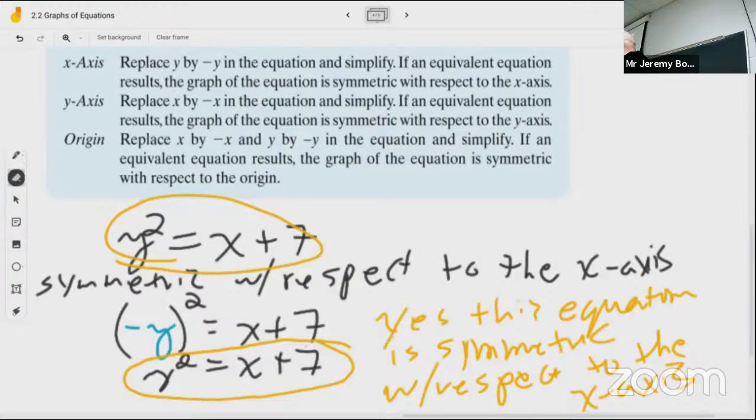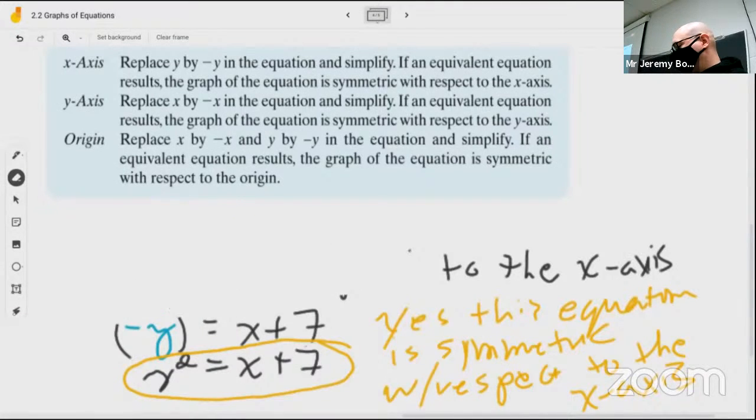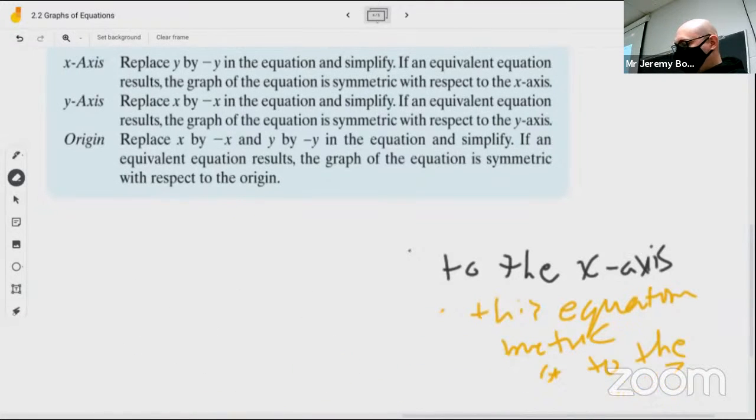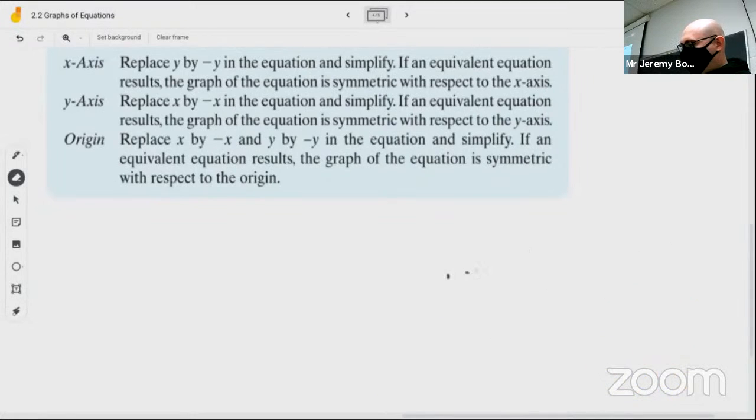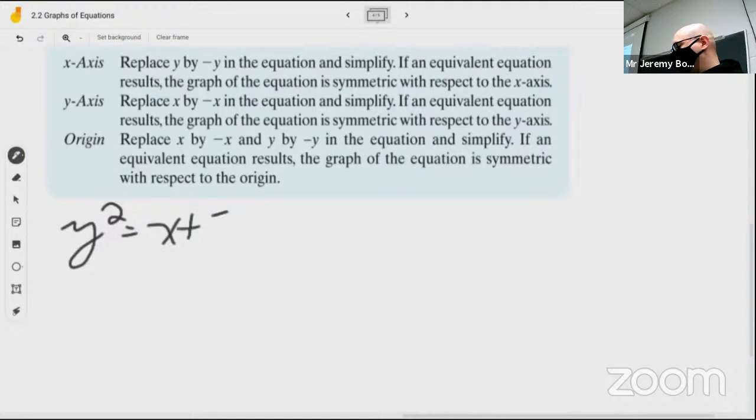So, as you might gather, to test for the y-axis, we're going to replace x with negative x. And we're going to do the same thing. We're going to try to evaluate it and get it to be an equivalent equation to what we start with. Let's see if we can. So let's try that original one I just did. So what was it? y squared is equal to x plus 7.